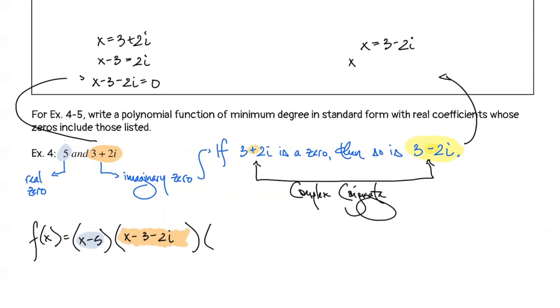All right, so let's move that 3. We have a negative 2i, and so we're going to add that. So we get x minus 3 plus 2i equals 0. This is going to go in as my third factor. x minus 3 plus 2i.